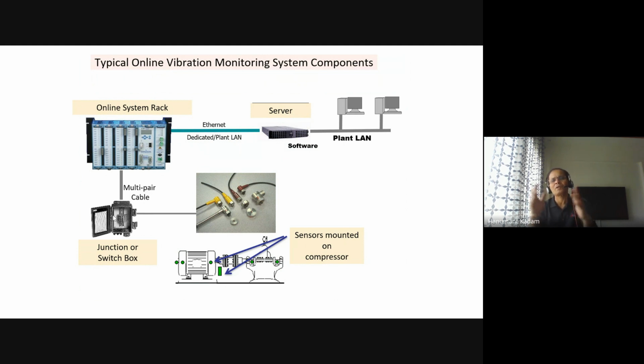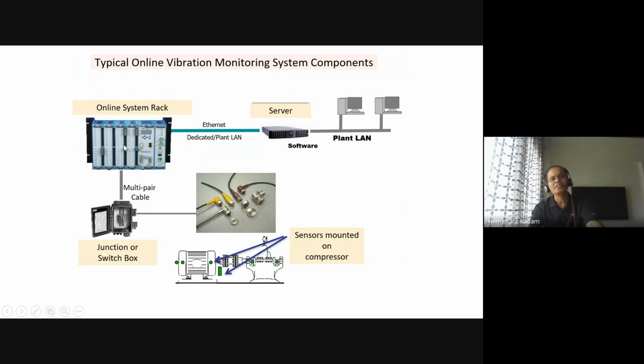You have seen so many locations we are taking for vibrations, meaning horizontal, vertical, like that. So this is actually a dedicated, modular system. These are cards, power supply, controller, and individual cards with local indications, either analog indicators. Earlier it was analog indicators. Now we get a digital display here.